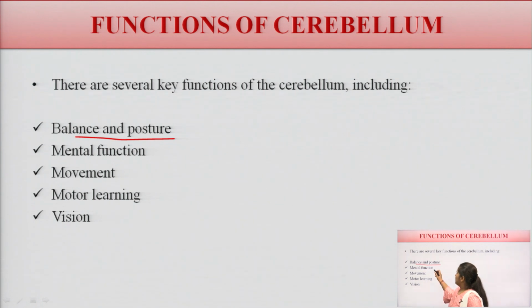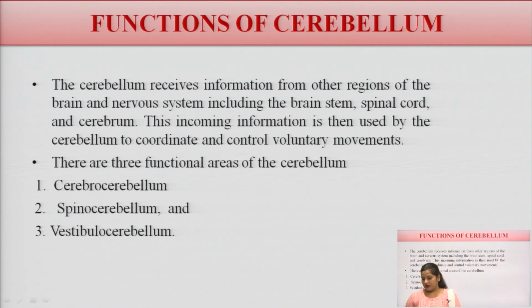The cerebellum maintains the balance and posture of the body. It also plays a role in the movement of the body, motor learning and vision. So these all are functions of the cerebellum.